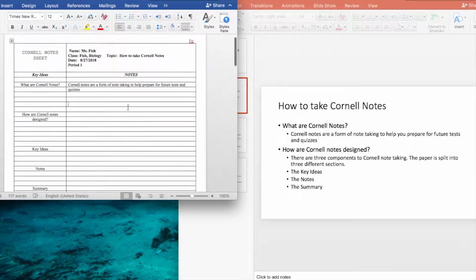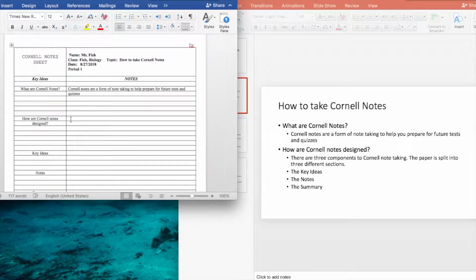Alright, so right next to that main idea, I'm going to go ahead and write down my notes on how they are designed. So there are 3 components to Cornell note-taking.